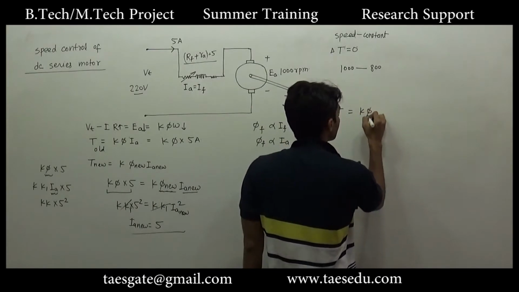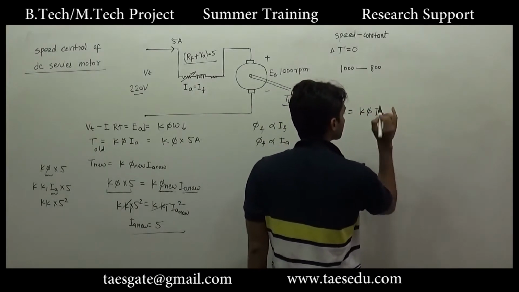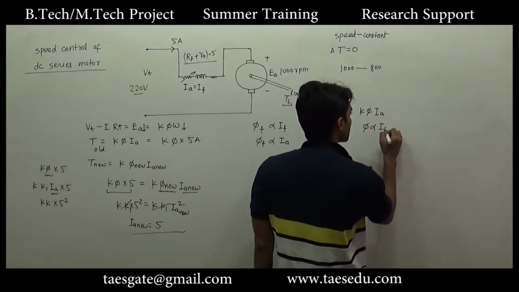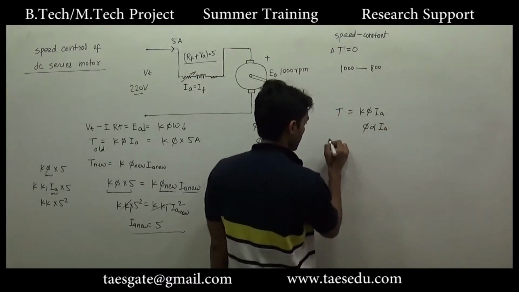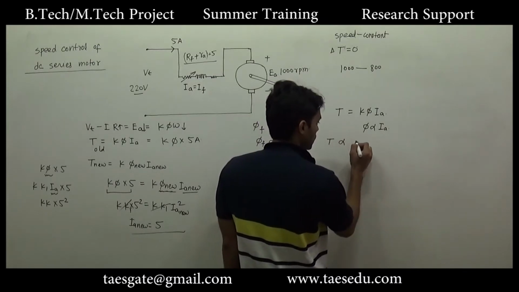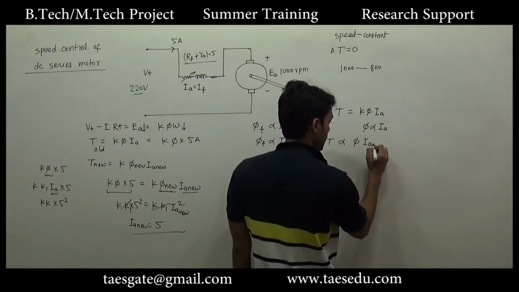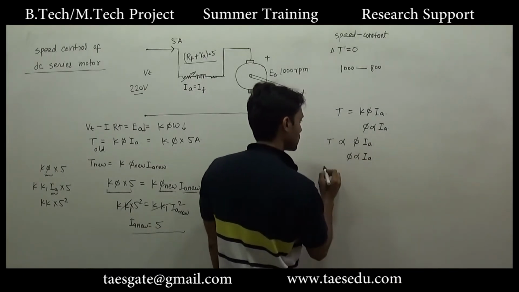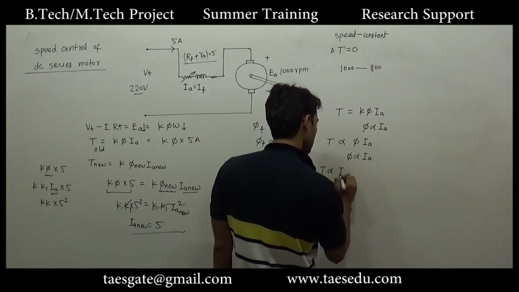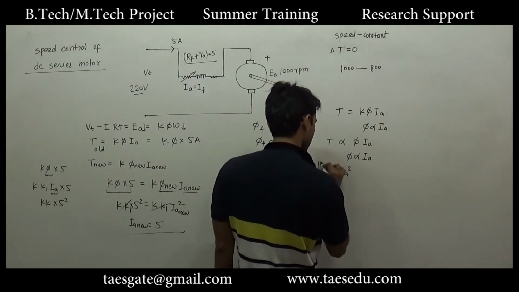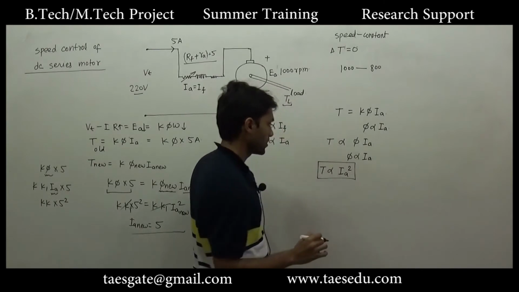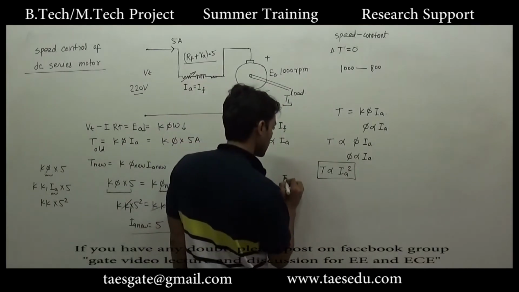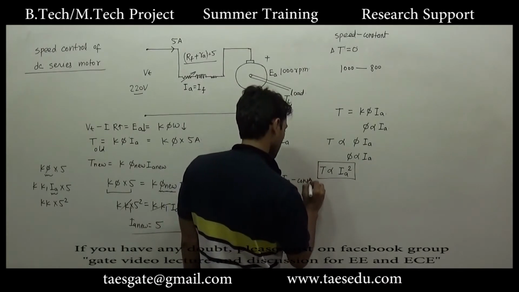Torque is equal to k phi into armature current, and phi is directly proportional to armature current, so torque is directly proportional to phi into IA, and phi is directly proportional to IA, so torque will be directly proportional to IA square. So if in initial and final condition torque is the same, then IA will be constant.